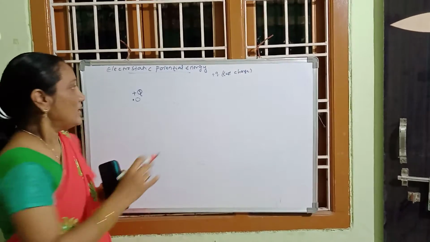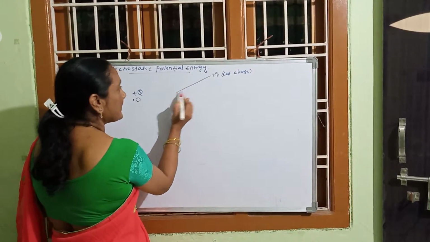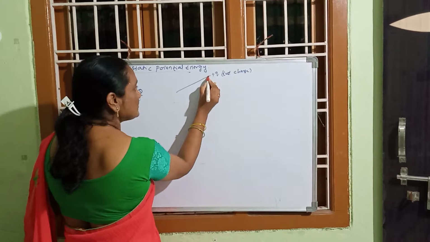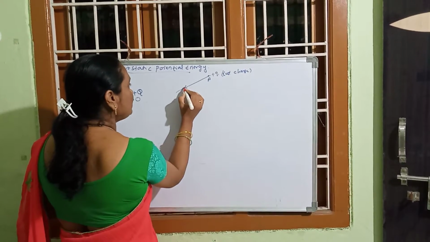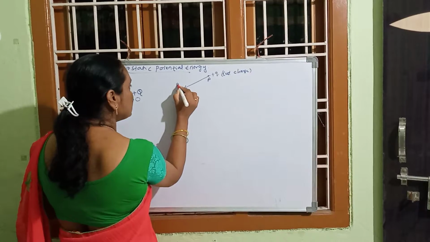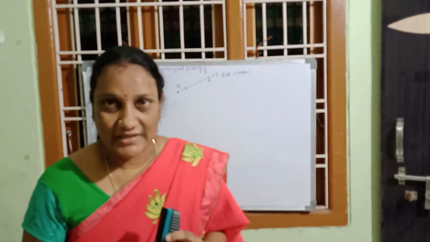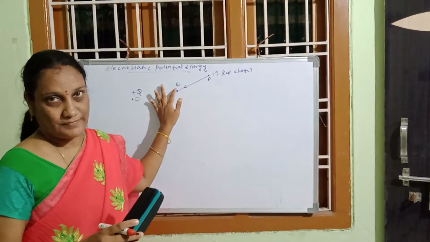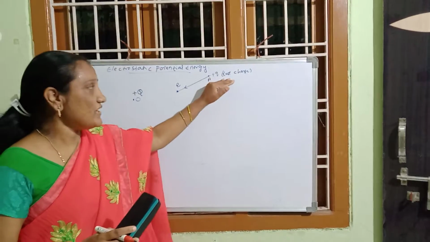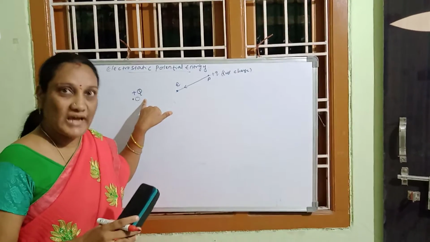Now in such a way we are bringing this plus Q charge from some point P at infinity to some reference point R. Our intention is to bring a plus Q test charge from infinity to the reference point R. Now when plus Q is coming towards this plus Q, what happens?